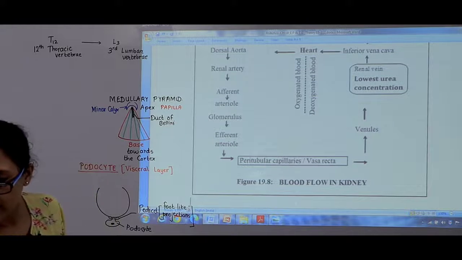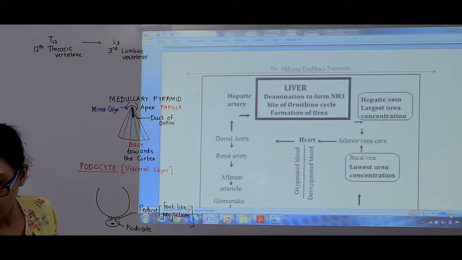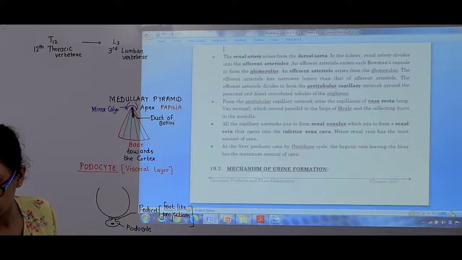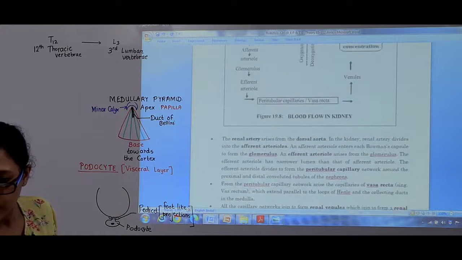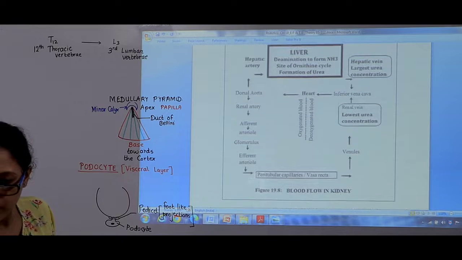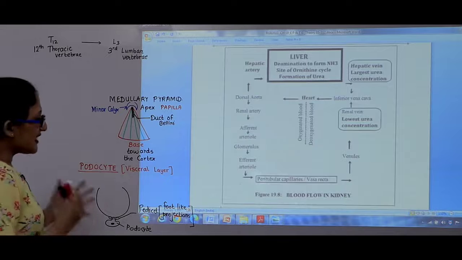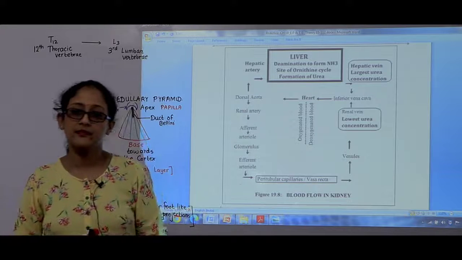We go to the next part, which is the blood supply to the kidneys. There is this flow chart over here. This image is very important. Please put 5 stars to it.